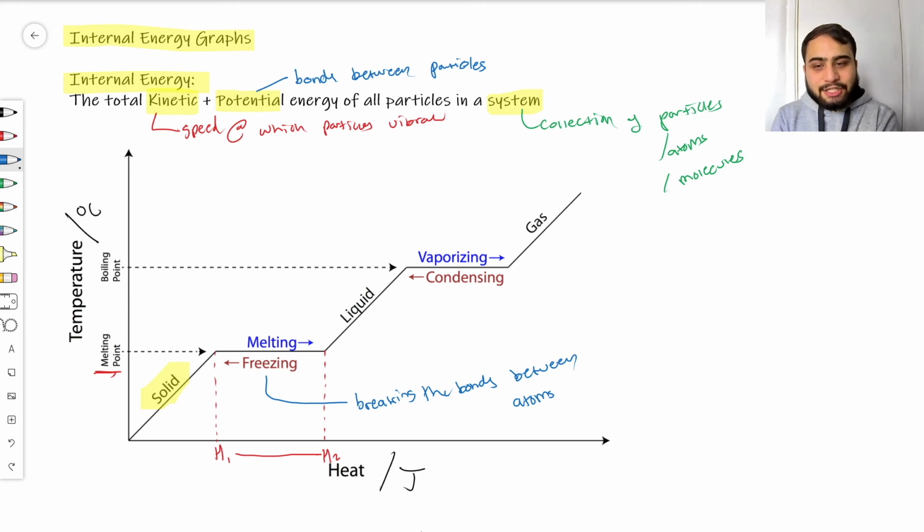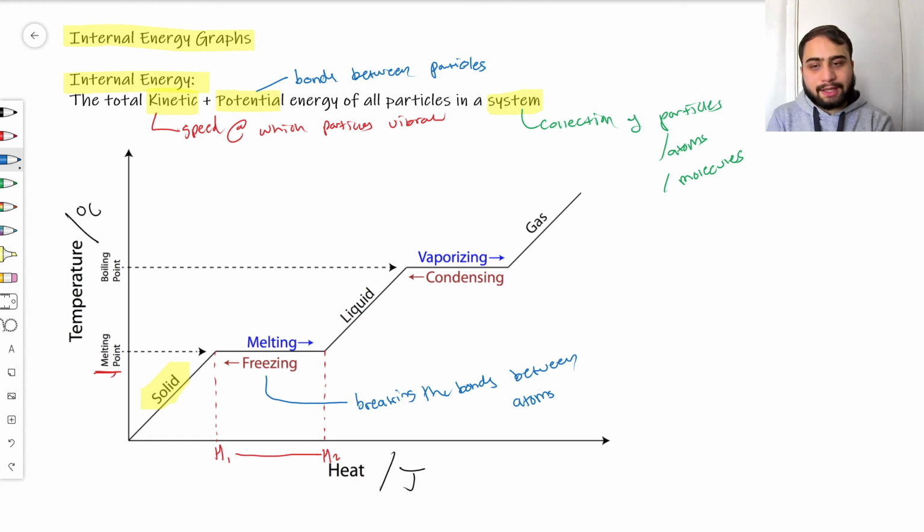So the energy here being supplied into the substance isn't raising the temperature, it's just breaking the bonds in between the molecules themselves, atoms themselves. The energy really here is going towards breaking the bonds between the atoms.